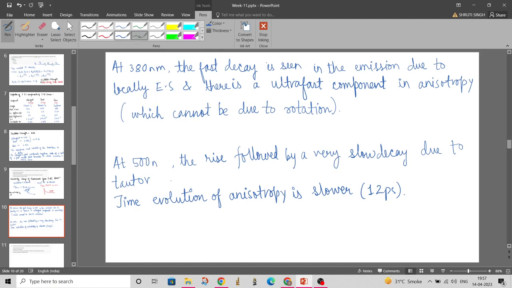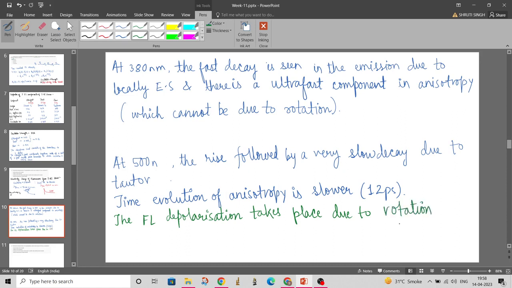The depolarization takes place due to rotation mainly. Rotation cannot take place in the ultrafast time scale. So the slower time scale was assigned to the rotation.